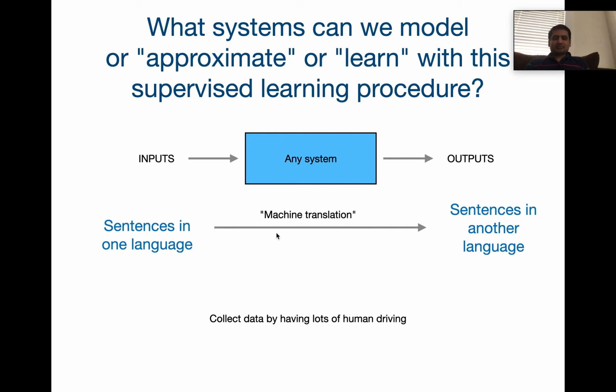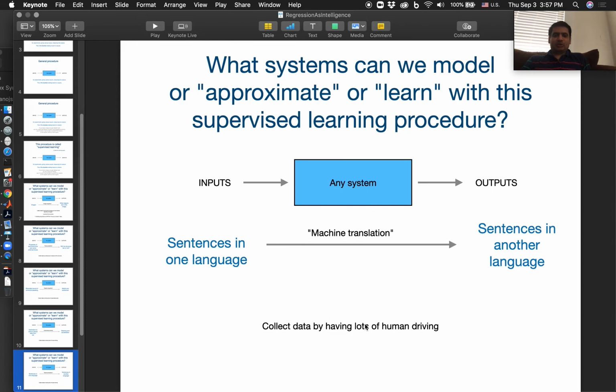At least in theory. Again, you can imagine translation, sentences in one language, sentences in another language. If you have lots of sentences in one language, lots of sentences in another language, data of that flavor, if you have sufficient data of that flavor, you might actually be able to learn automatically some function that takes you from one language to another.